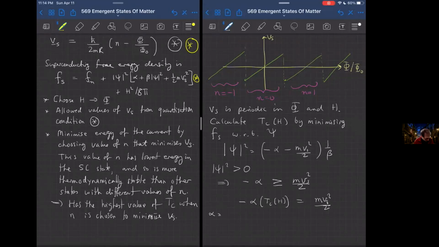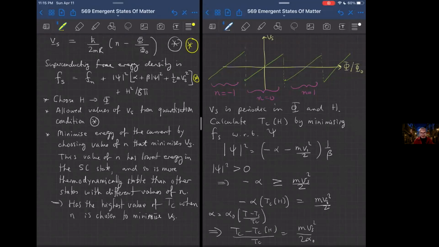And alpha is equal to some constant, alpha naught, times T minus Tc over Tc. And so what that then gives you is that Tc minus Tc of H over Tc is equal to m Vs squared over 2 alpha naught.